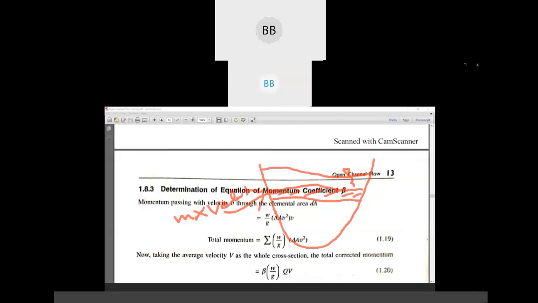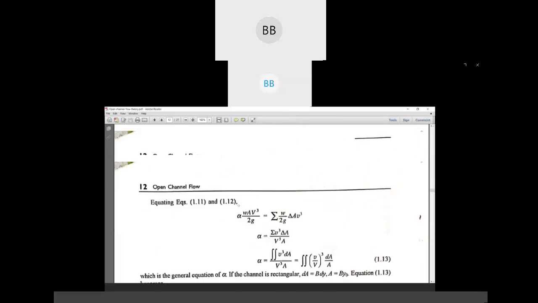For mass, we have already derived that equation when we discussed the energy coefficient. This is your weight and this is your mass.